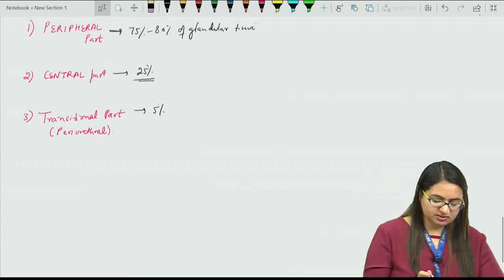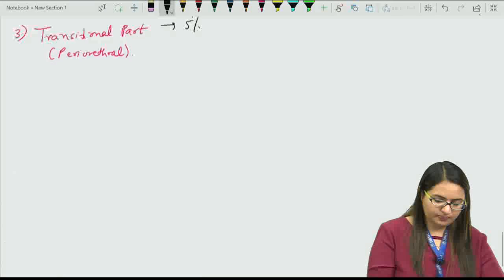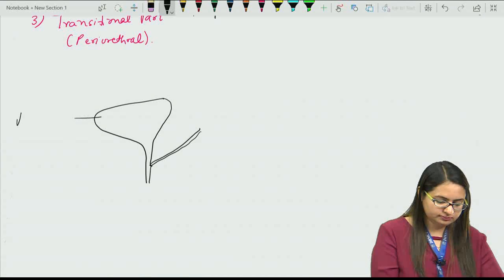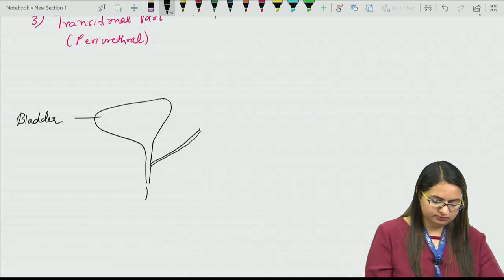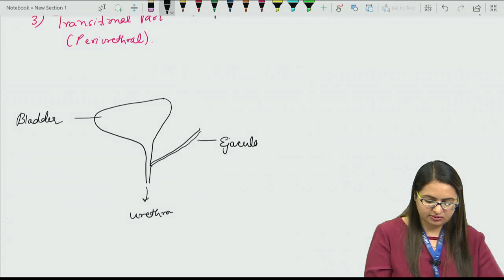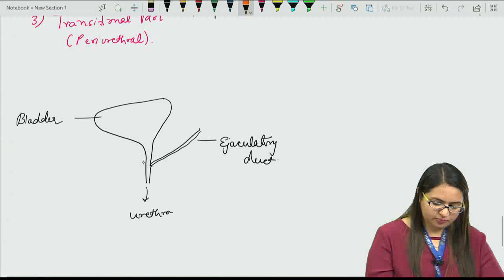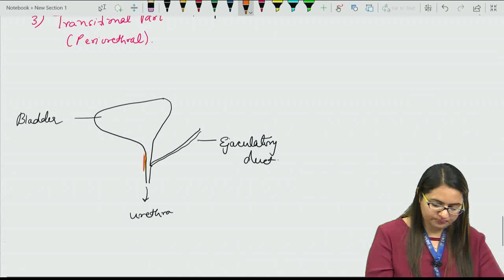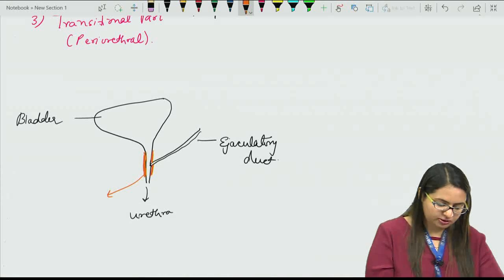If we visualize how these portions are present, if this is the urinary bladder with the urethra, and this is the ejaculatory duct. Now the portion of the prostate which is present adjacent to the urethra is the transitional zone, or the periurethral zone.